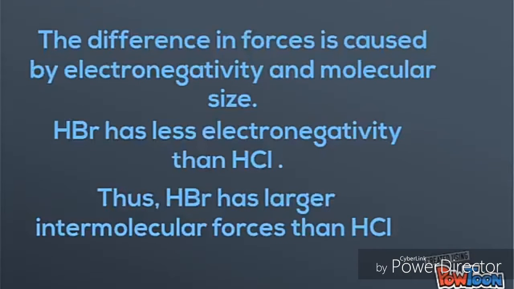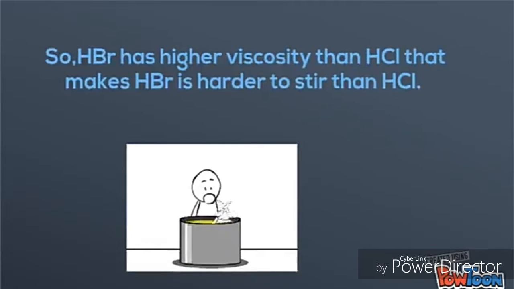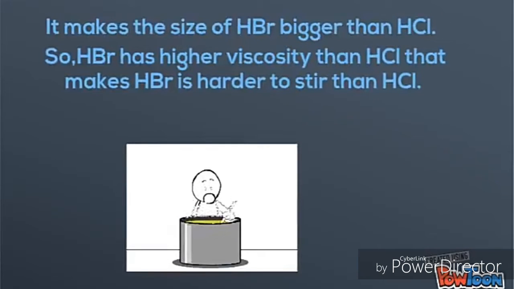Hydrogen bromide has less electronegativity than hydrogen chloride. Thus, hydrogen bromide has larger intermolecular forces. It makes the size of hydrogen bromide bigger than hydrogen chloride. So, hydrogen bromide has higher viscosity than hydrogen chloride, which makes hydrogen bromide harder to stir.